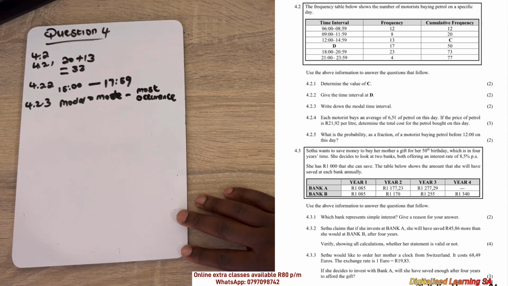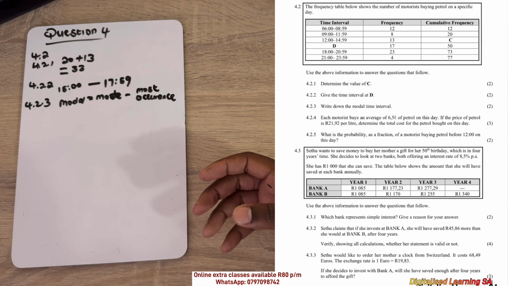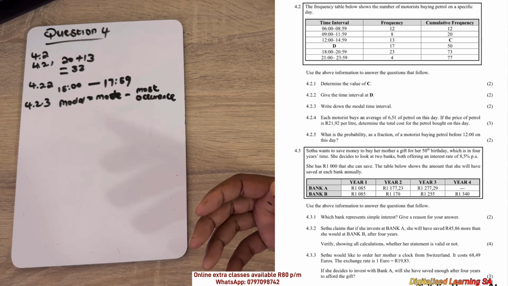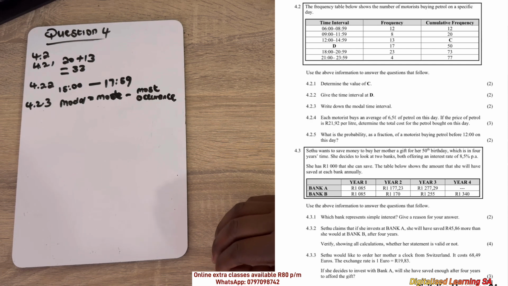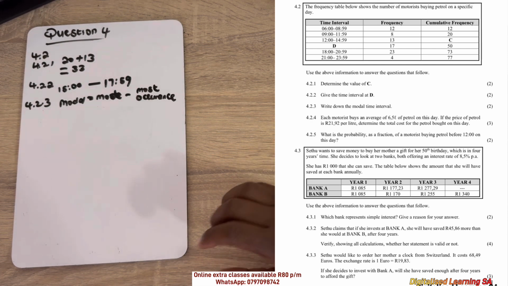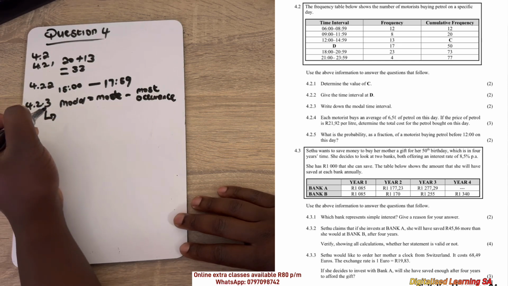If we look at our frequency column, those are the number of people buying petrol between those time intervals. So we need to find the time interval in which most people bought petrol.